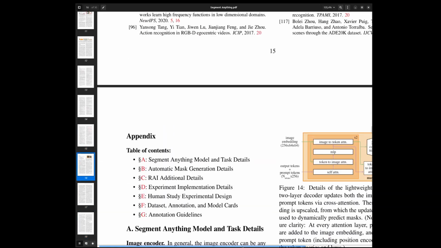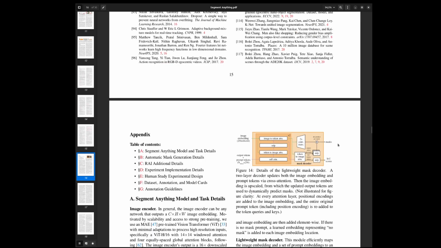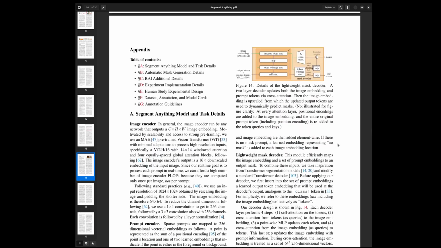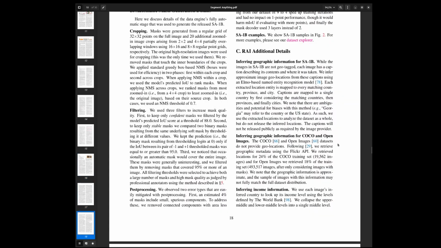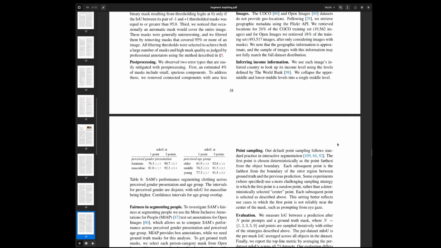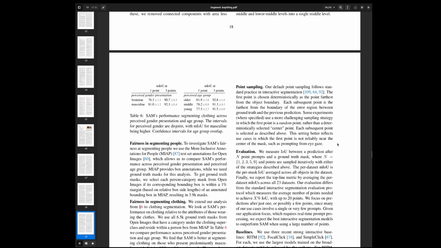But then you should also get the scores for IOU, right? So when you run bounding box prompting, not full auto, you get three things.